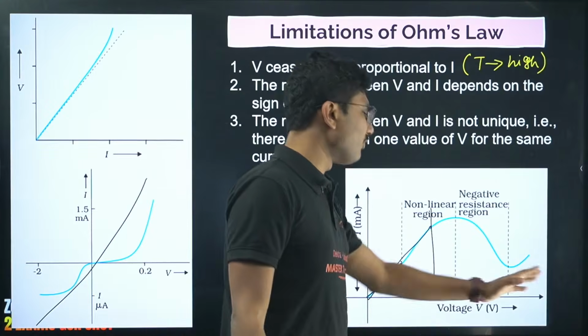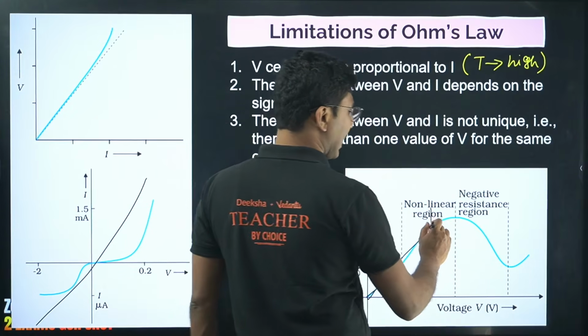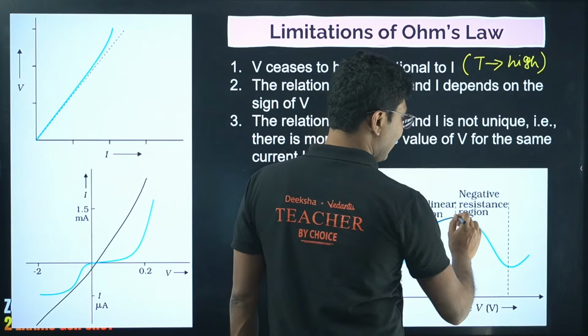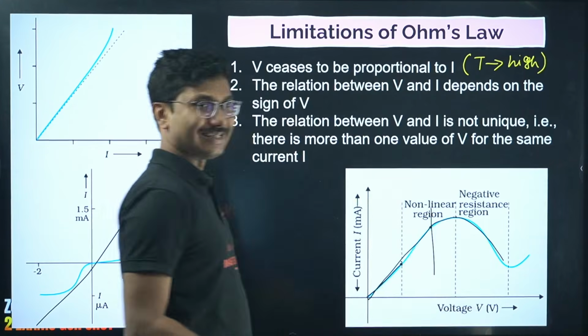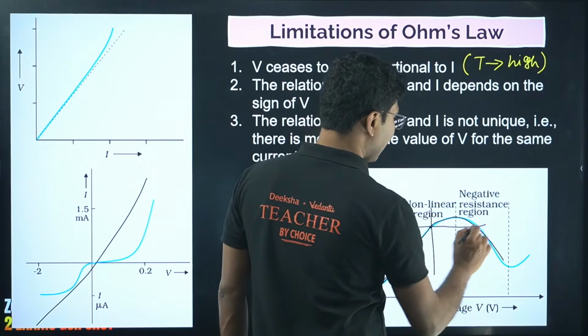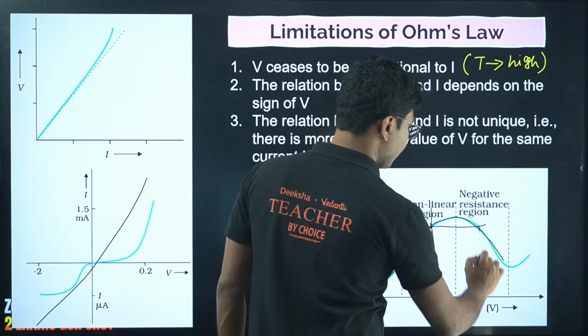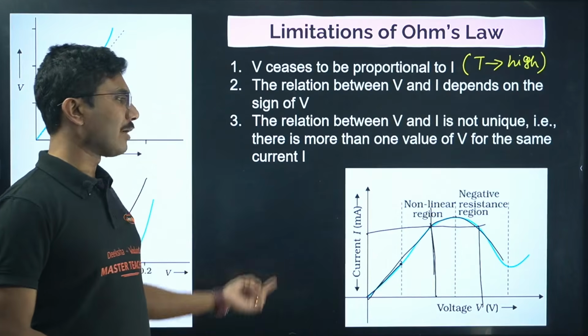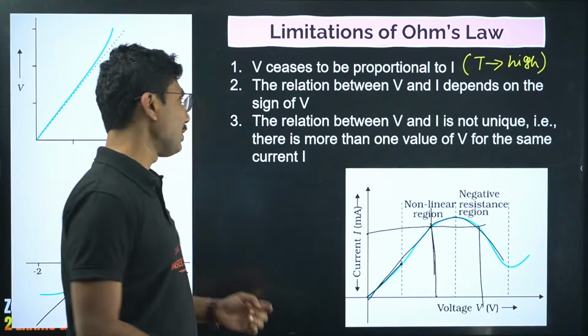But if you increase the voltage further, you will see that after some time it is no longer a straight line, and the second time, the voltage is decreasing. So for the same current you are getting two different voltages. That is not possible. V proportional to I means for one voltage you get one current.